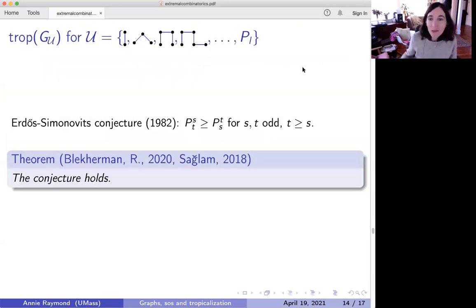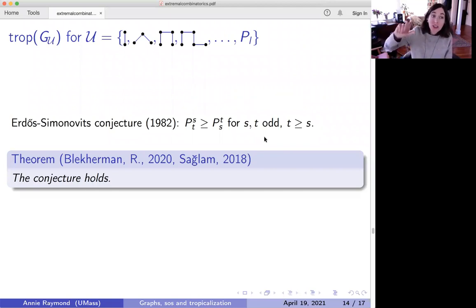And so, well, we almost showed something new. There was this conjecture by Erdős-Szymanowicz that said that if you take the homomorphism density of a path of length t, so with t edges, to the power s, that's greater or equal to the homomorphism density of a path with s edges to the power t, for s and t odd, t greater or equal to s.